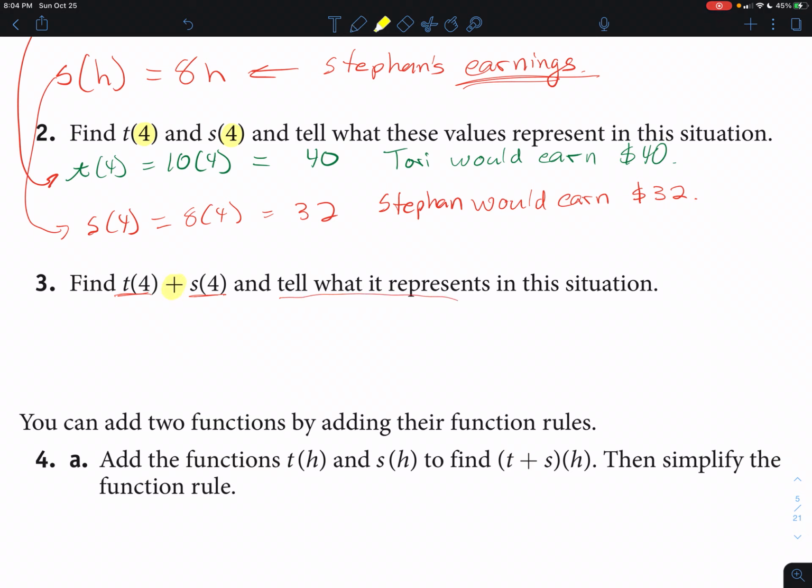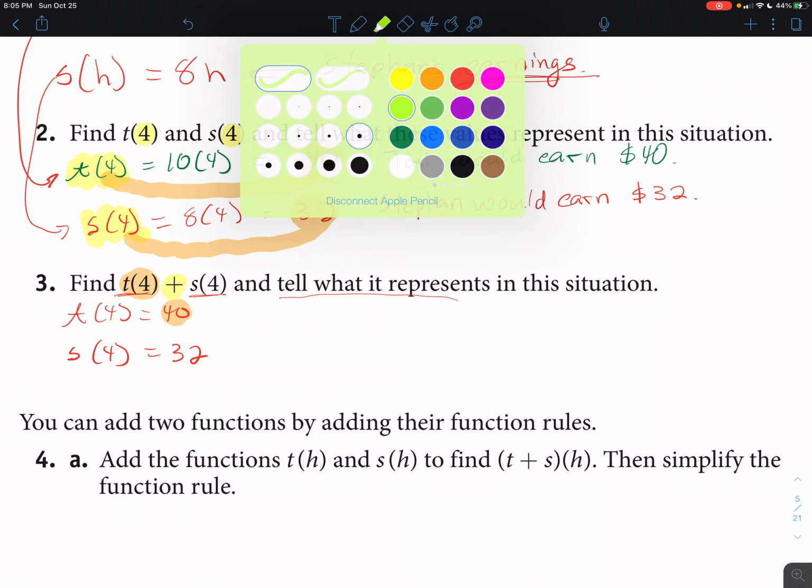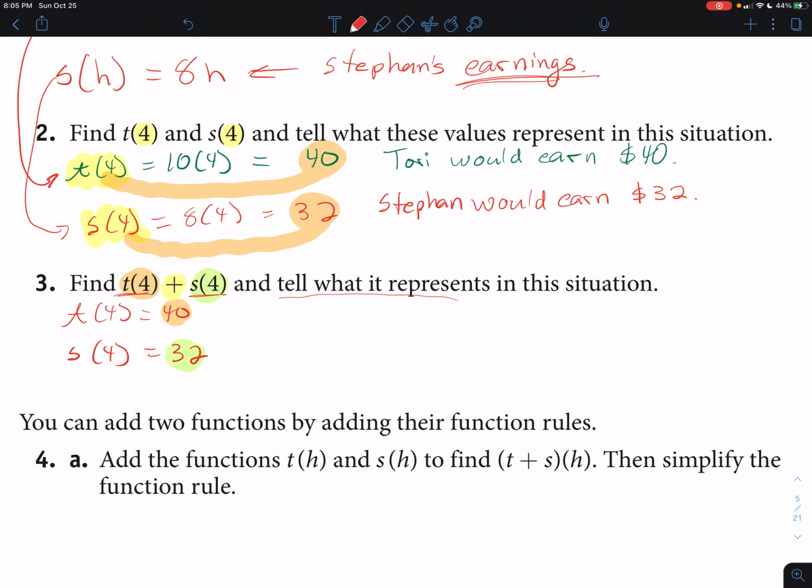So we're adding these two guys together that we just found, okay? T of 4 equaled 40. S of 4 equaled 32. So that means we could write that like that. T of 4 equals 40. S of 4 gave us 32, right? And so this is telling us to add those two things together. We're taking Tori's earnings and adding them to Stefan's earnings.